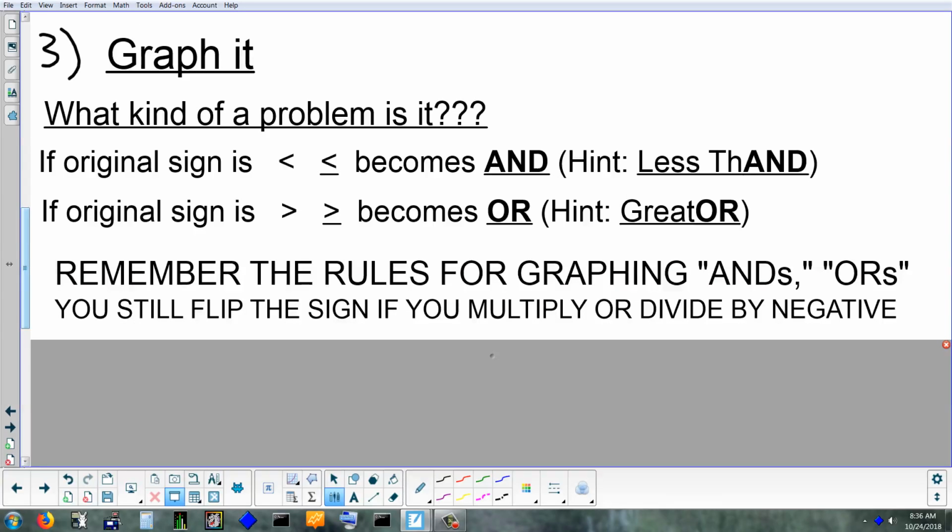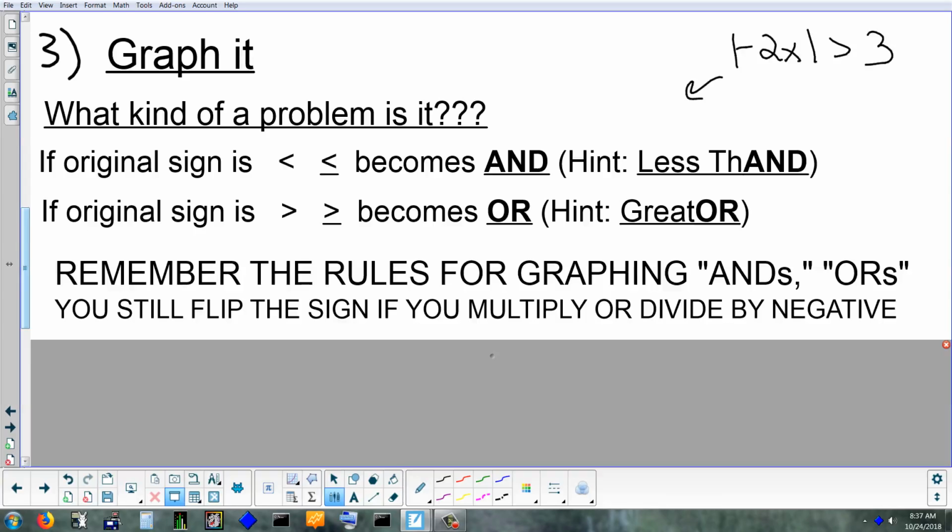Remember, this rule still applies as well. You still flip the sign if you multiply or divide by a negative number. So even when you split it and do all that stuff within that problem, say you had something like negative 2x in the absolute value greater than 3, right?